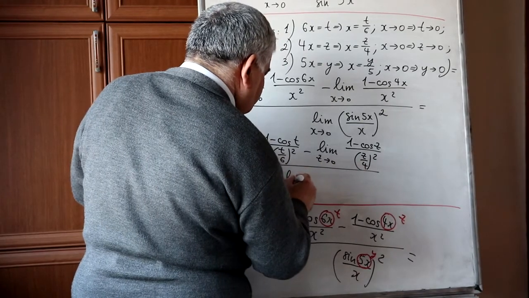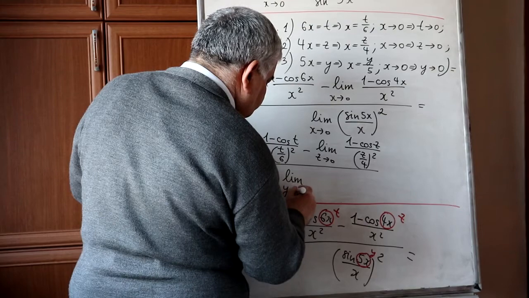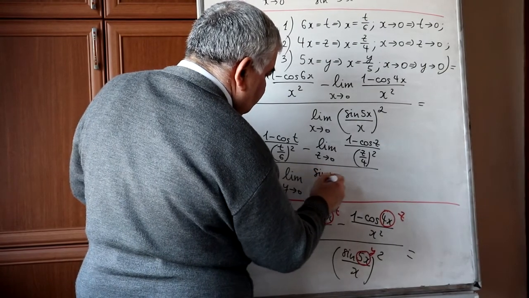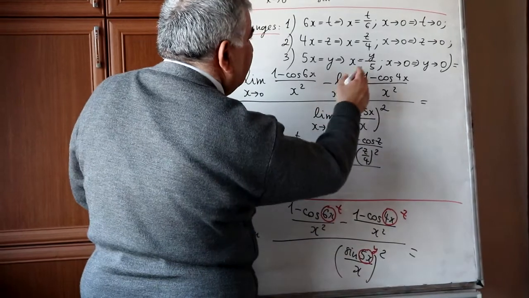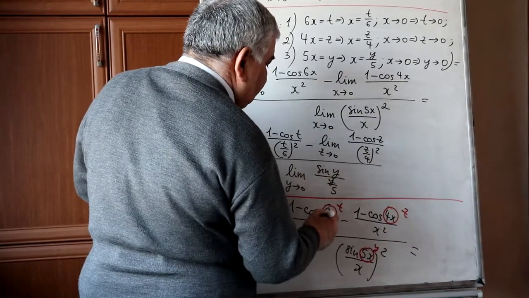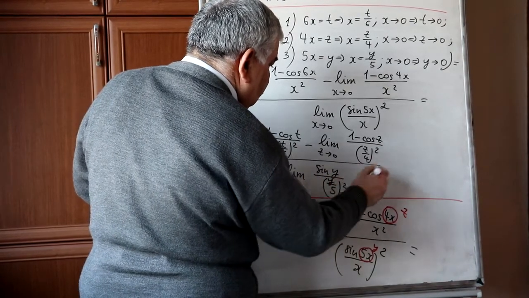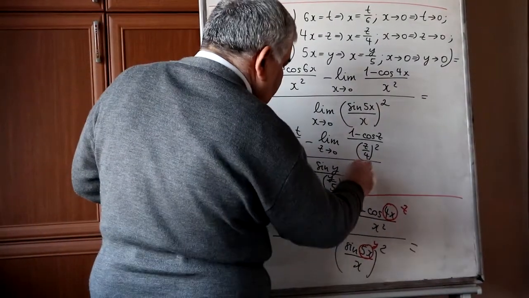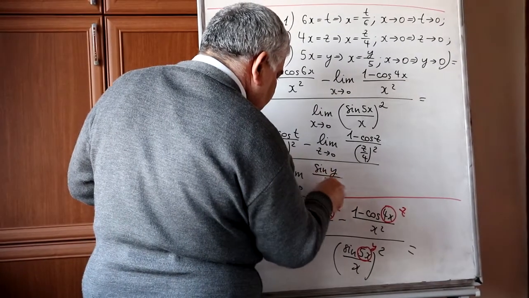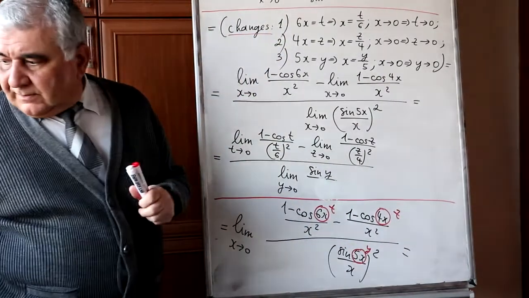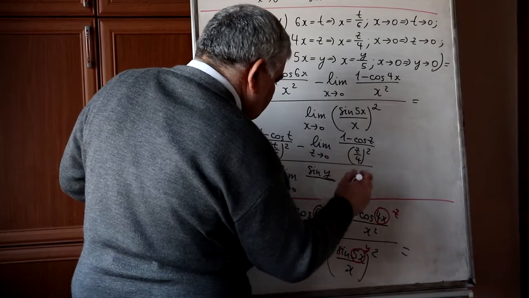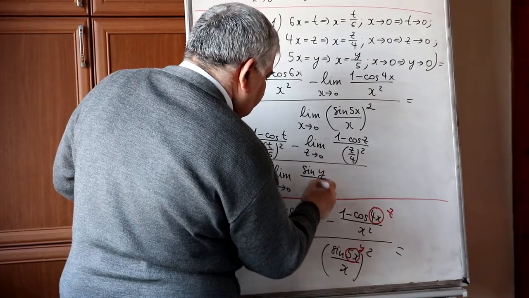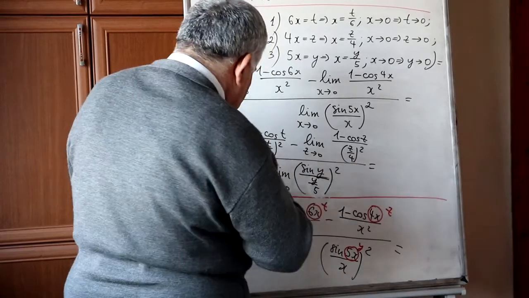Divided by limit when y tends to 0 of sine y over y over 5 squared, using the third change. And continue.